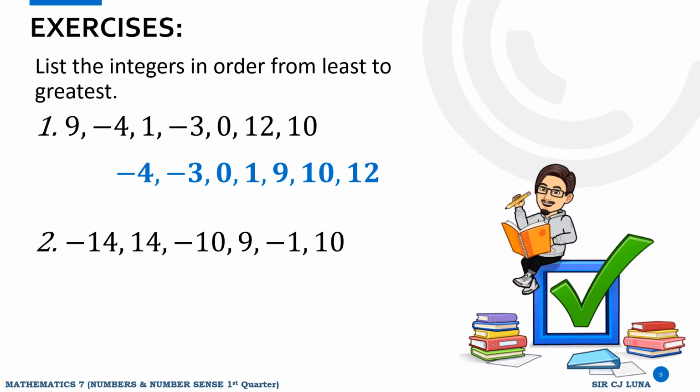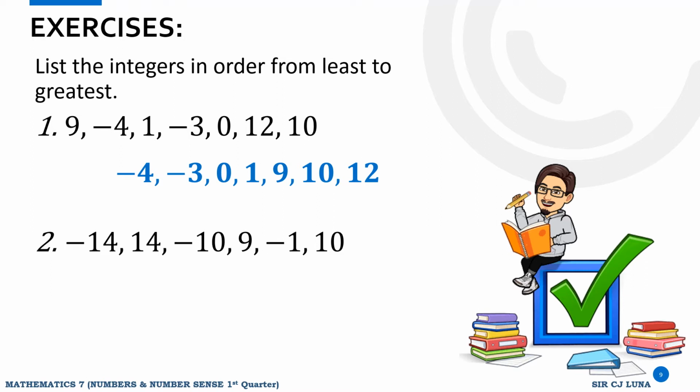We have negative 14, 14, negative 10, 9, negative 1, and 10. So we have 6 integers for number 2. Again, you have to arrange them in order from least integer to greatest. Sige.